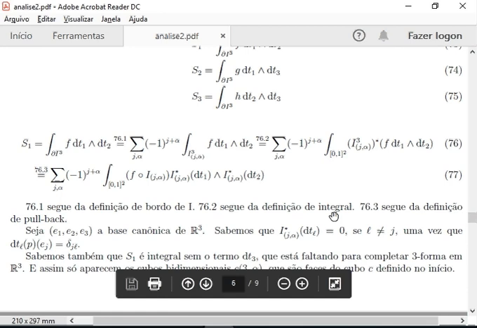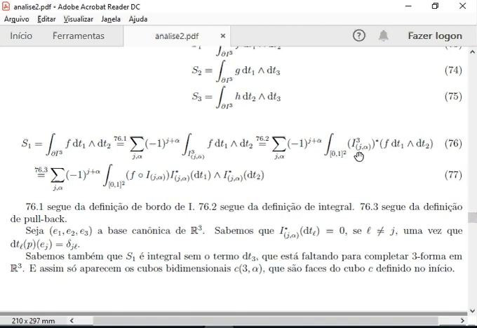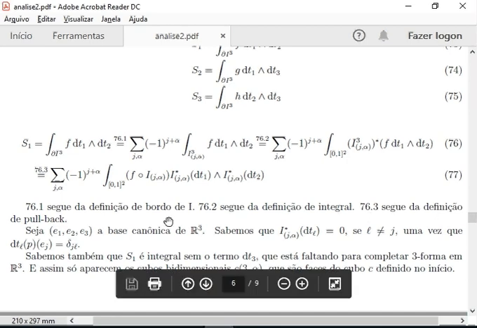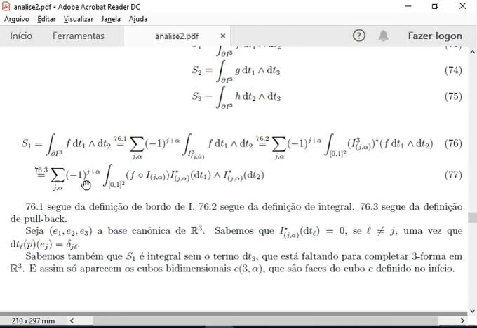By the definition of integral, the integral of f is the integral of the pullback over the straight cube over [0,1] squared. 76.3 follows by definition of pullback. The pullback of I alpha is f composite with I times pullback of I dt1 wedge pullback of I dt2.